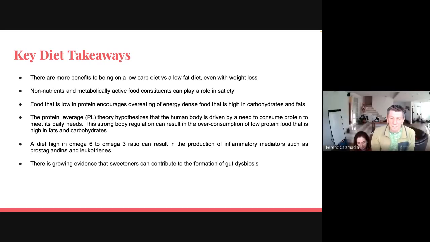I like most of it. I have very small concerns with the statement about omega-6 to omega-3. I think it's more complex. The problem with omega-6 is partly the easy oxidation, but it's also a problem with omega-3.